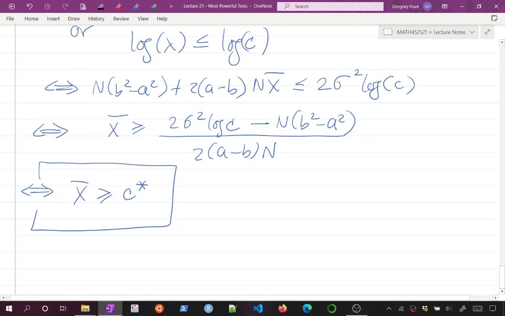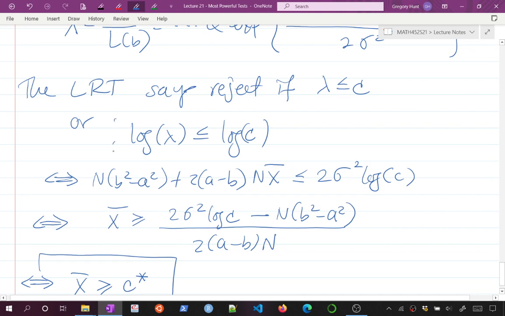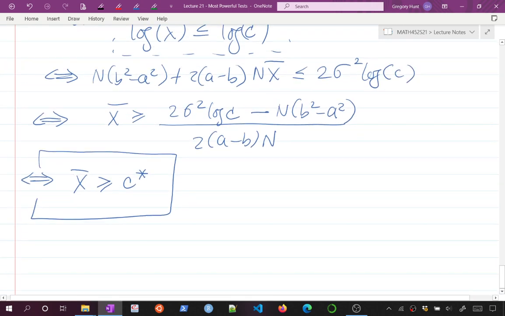So the LRT is doing something reasonable. And so you could have left it here and said, whatever we take, log lambda less than or equal to c, or lambda is less than or equal to c. You could have stopped at many places. You have to choose your c to ensure that it's size alpha in this case. Or you could just say it's going to reject when it's bigger than some constant, and implicitly we're choosing c.